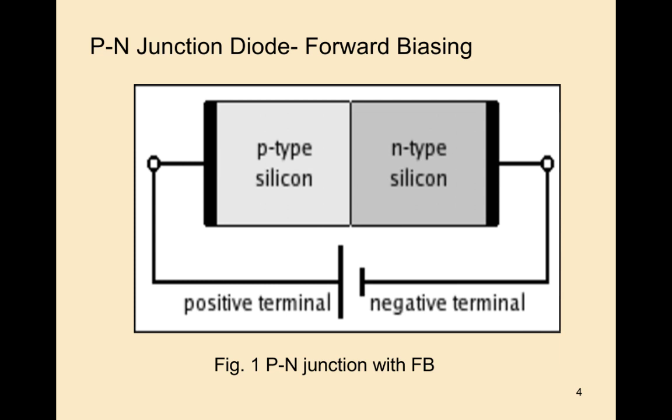See this diagram, how the PN junction diode is connected in forward biased mode. So now we have observed how the PN junction is connected in forward bias.